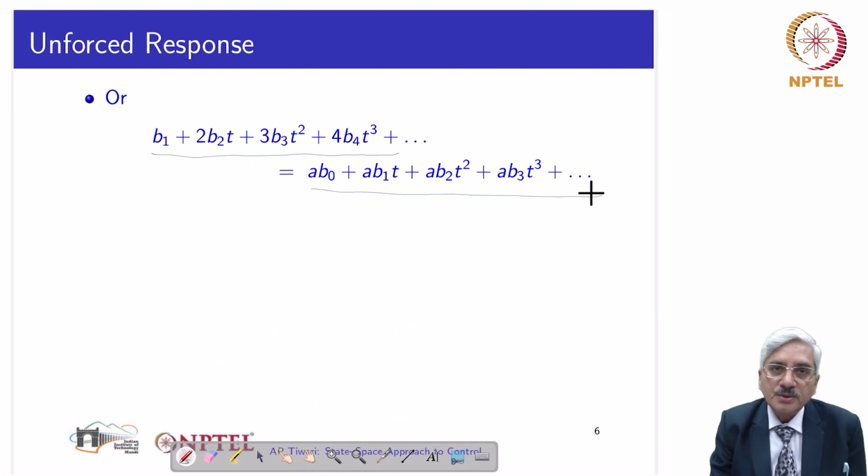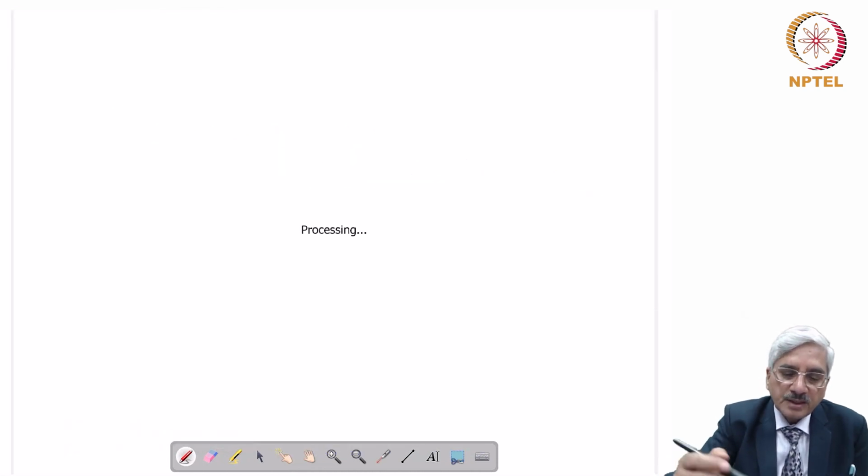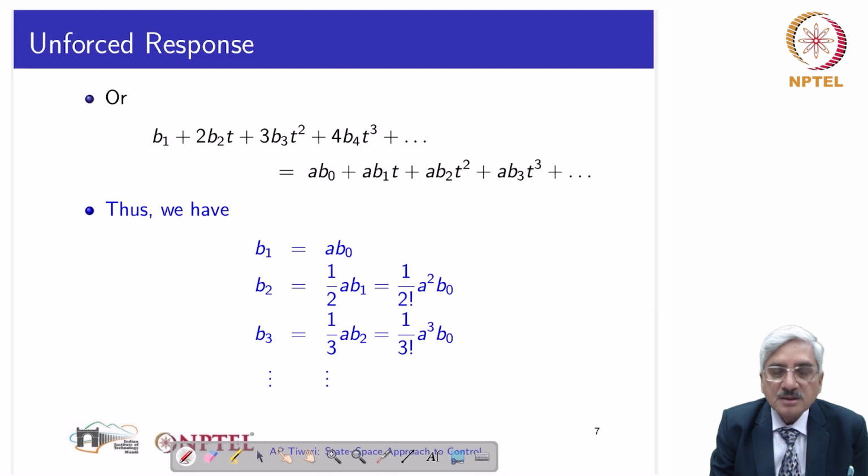In this we equate the terms containing similar powers of t. So we have b1 equal to a b0, 2 b2 equal to a b1, from which we obtain b2 equal to half a b1, and substituting b1 as a b0, we get 1 by factorial 2 a square b0.